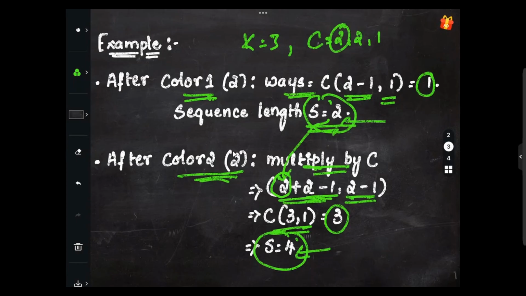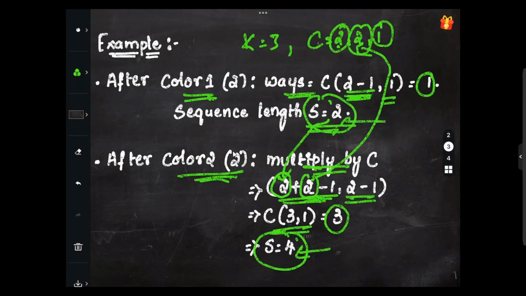So 2 plus 2 minus 1, into 2 minus 1. This 2 came from this one. First we considered this 2, 2 minus 1 and 1. So this time 2 minus 1 and 2 minus 1 only will go. So this will be 1, right?